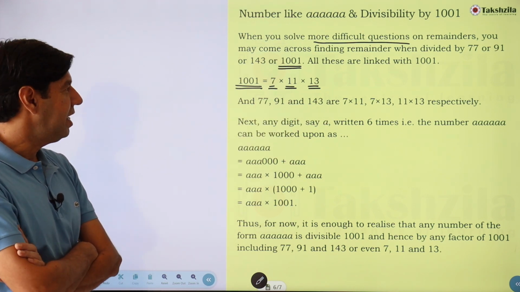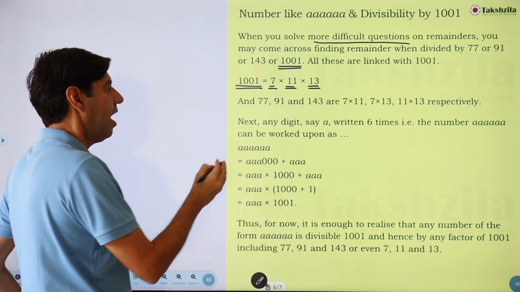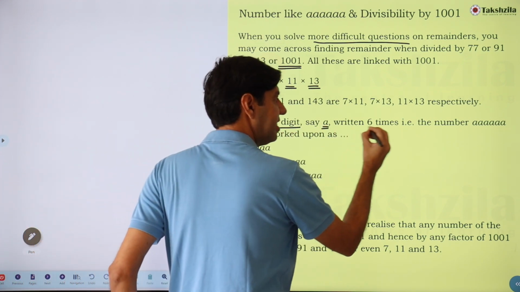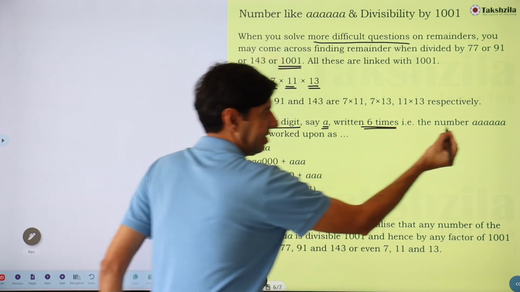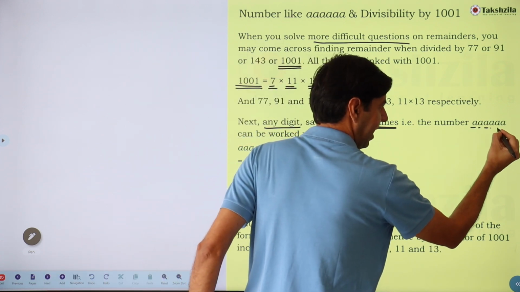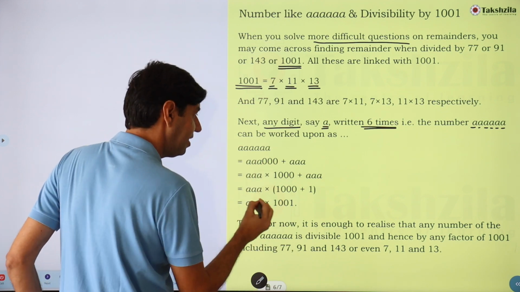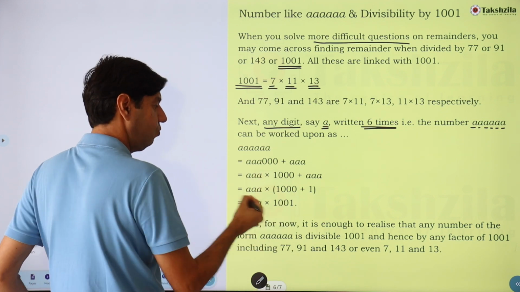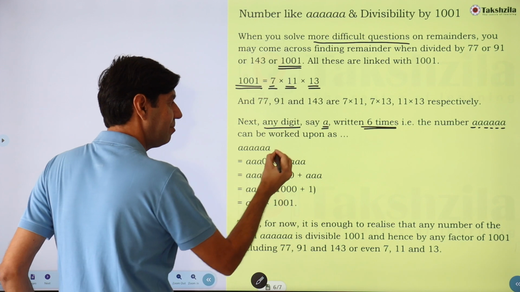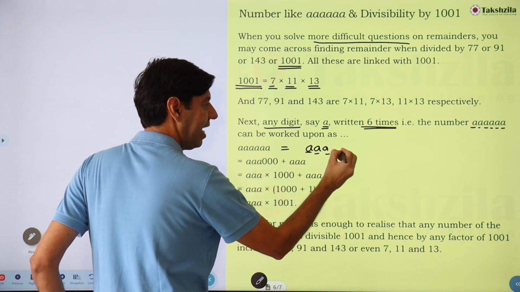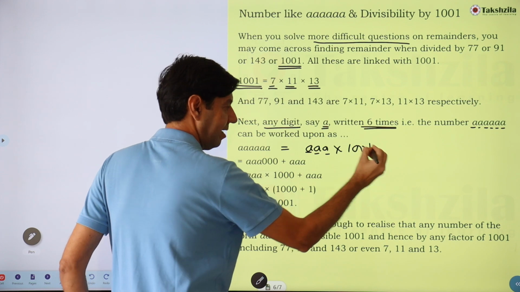So the link over here is that if we have any single digit a written 6 times, like this number a a a a a a. Now this number can be written as, you can read this up yourself, the number a multiplied with 1001.